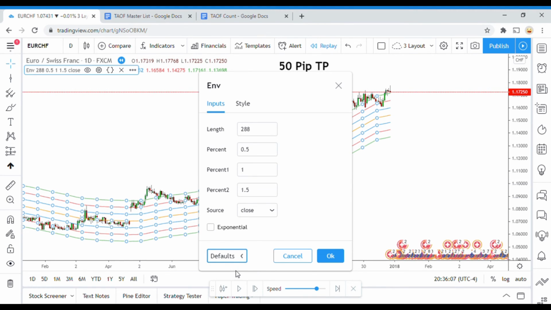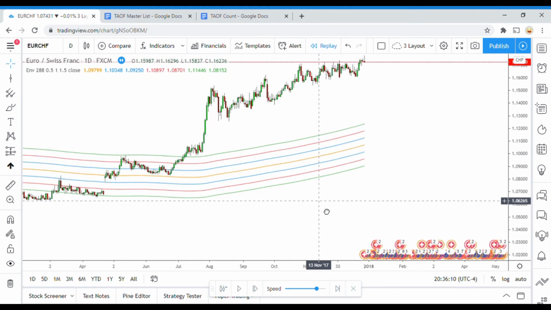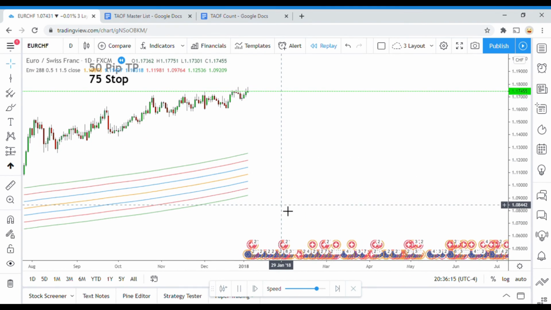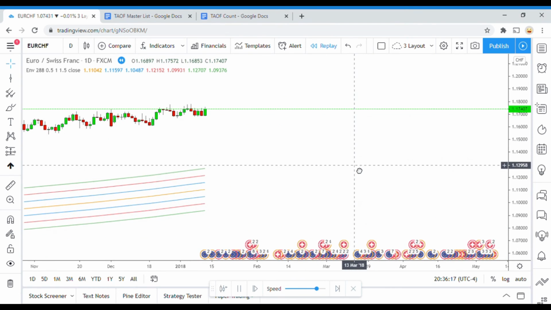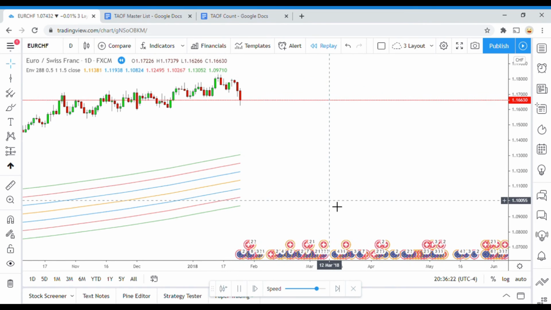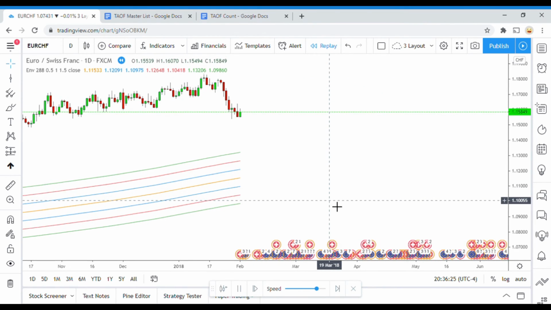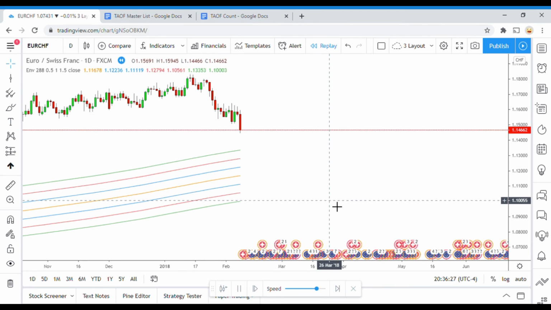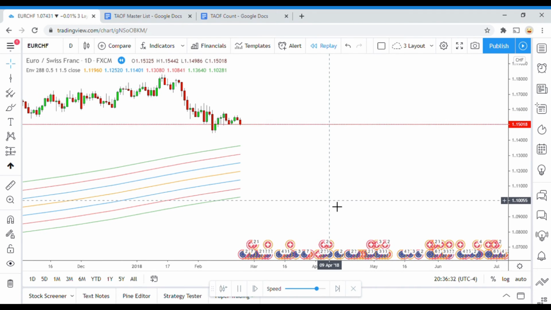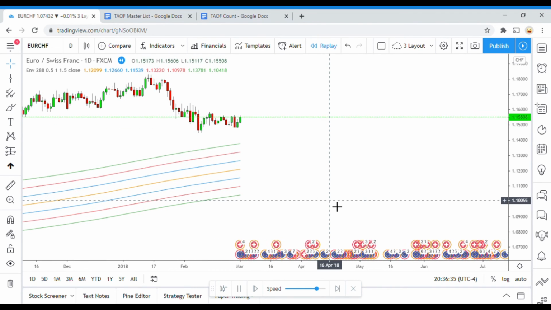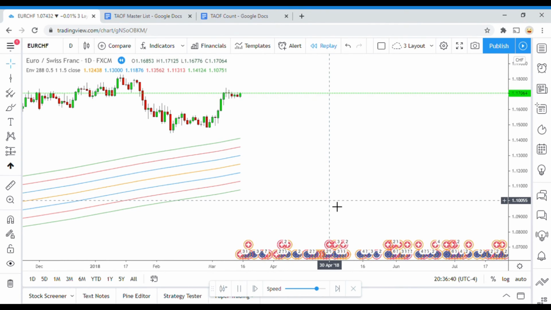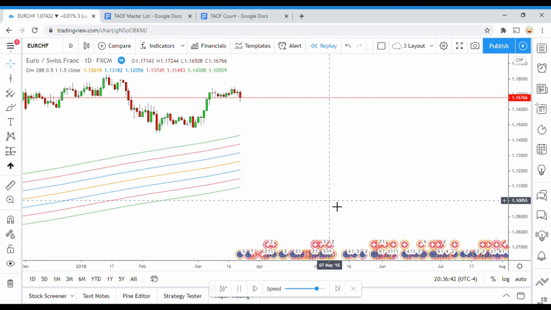Let's keep it on the default settings for now. We'll test it that way and see what we get out of it, and then we can play around with it at a later time. You guys can play around with it. You guys can throw it on your charts and test it and tweak it and see if we change the settings on it, if we get a little bit more responsive movement, better signals, or what.